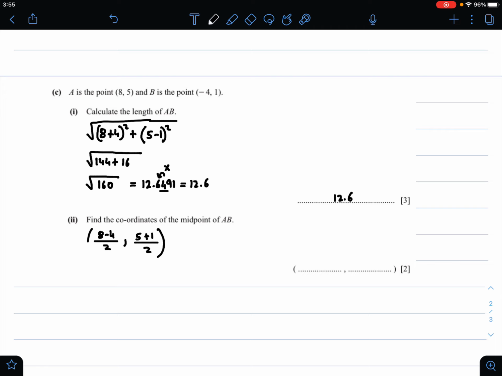Therefore you can say that your final answer will be 8 minus 4, which is 4, so 4 divided by 2, which is 2, comma 5 plus 1, which is 6, and 6 divided by 2 is 3. Therefore 2 comma 3 will be your final answer for part C2 of this question.